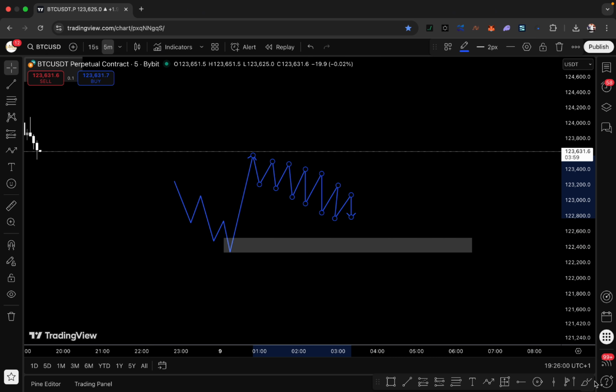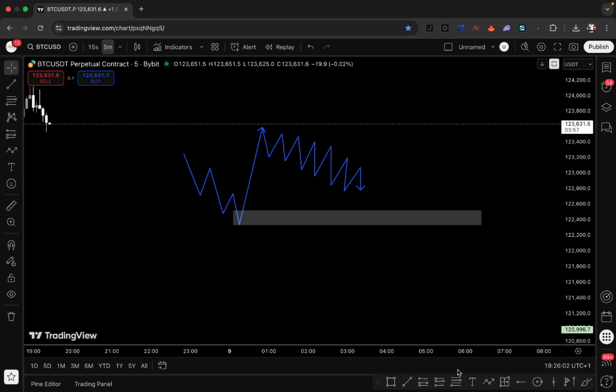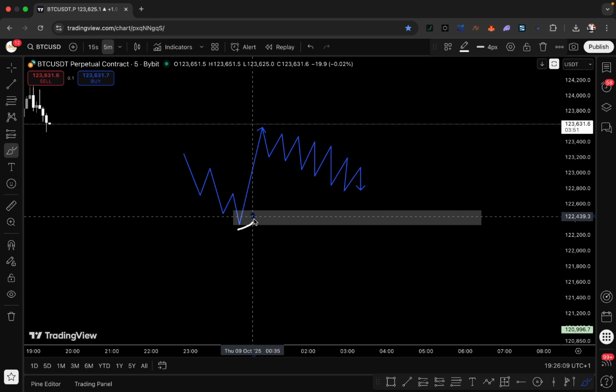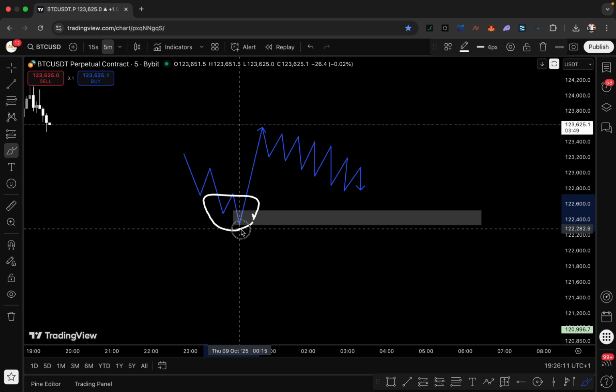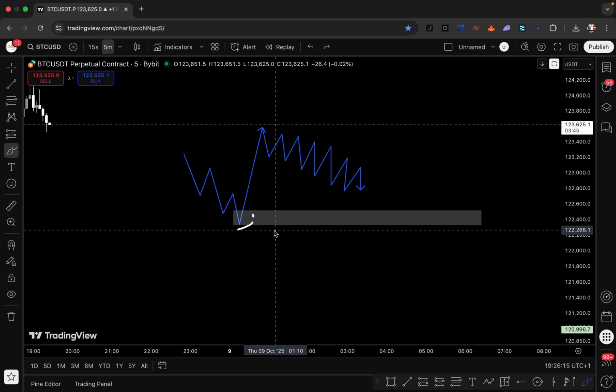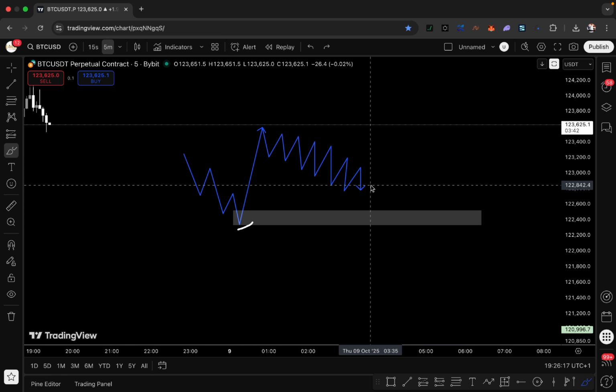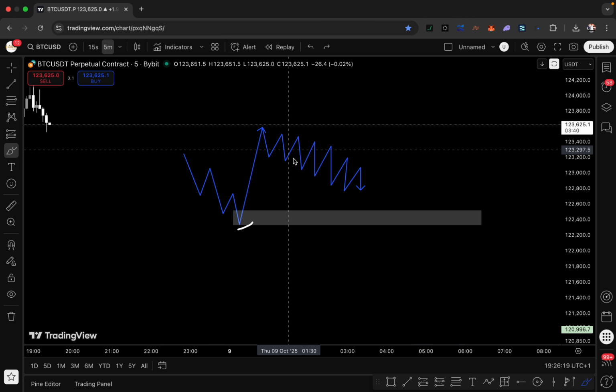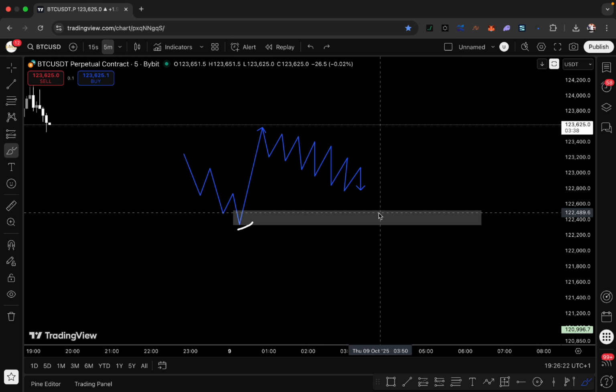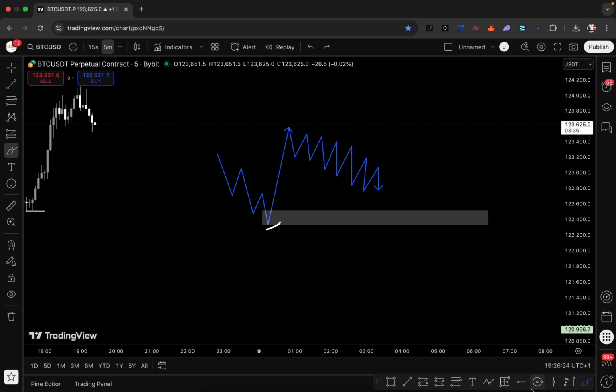I told you a POI could be anything, could be a breaker block, could be an order block. This is our POI that we are using. It swept liquidity and broke structure. So once your ranging market comes close to your POI, what you do is investigate.